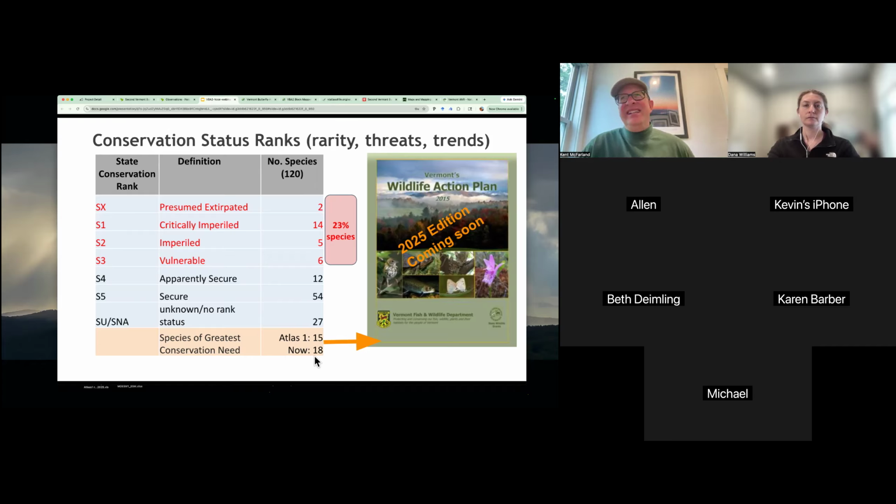We've bumped that up to 18 now, that are going to be coming out in this new edition, which should be out any day. So there are these ways for us to rank these things, and you can see those online, whether it's its S ranking, its state conservation rank, or whether it's a species of greatest conservation need. These tend to be, like I said, the ones that are harder to find, that we would really like to find more and more of, so we know where all their populations are.